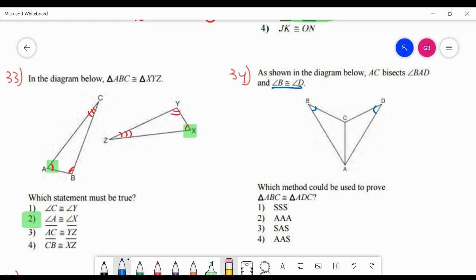And then AC bisects BAD, so that means that the two resulting angles are gonna be congruent. And also, since AC belongs to both sides, that's also congruent. So we could see that we have angle, angle, side. It's going to be number 4.